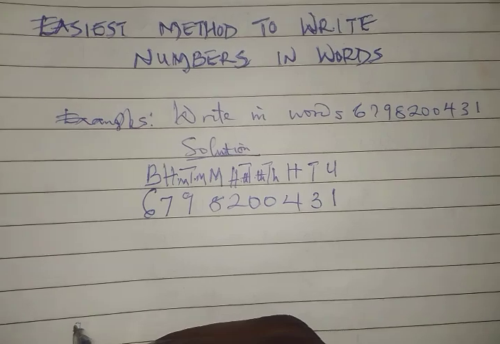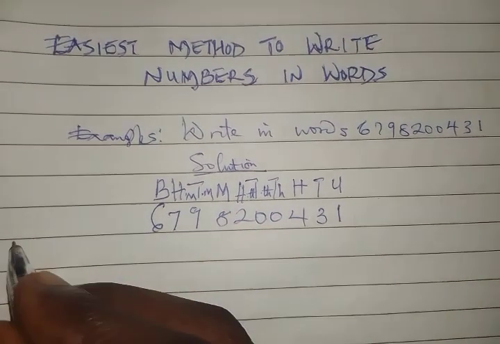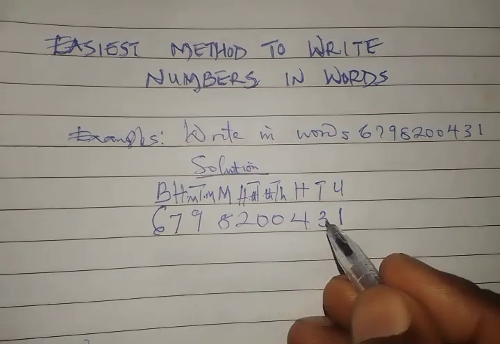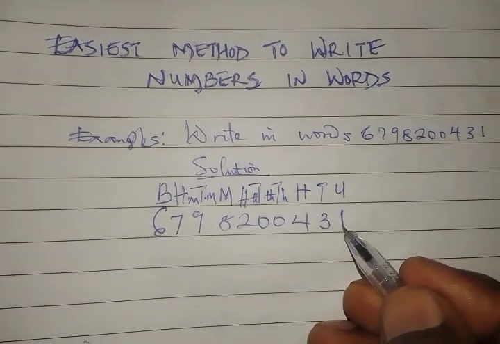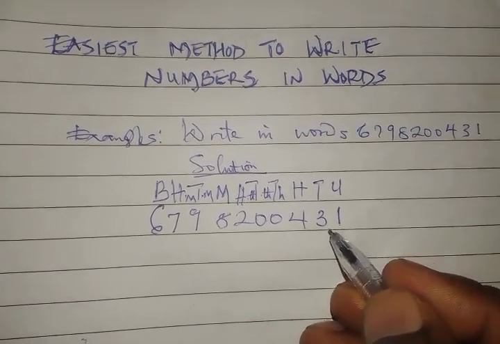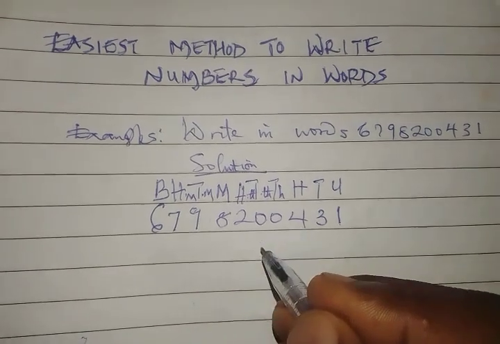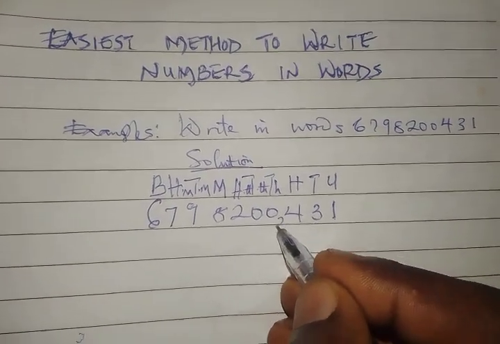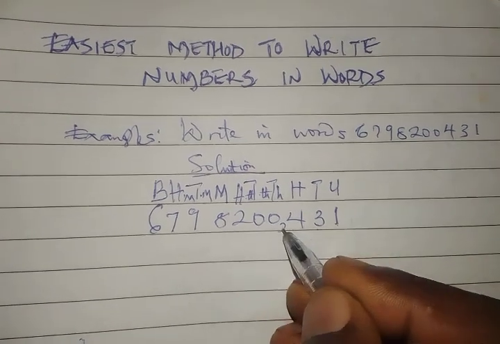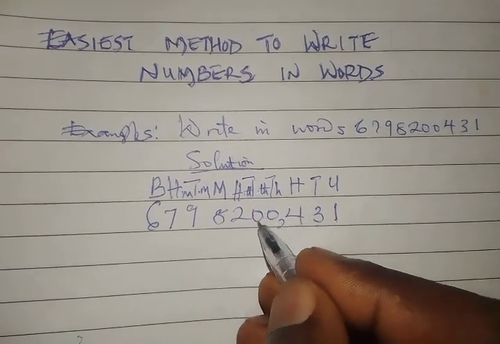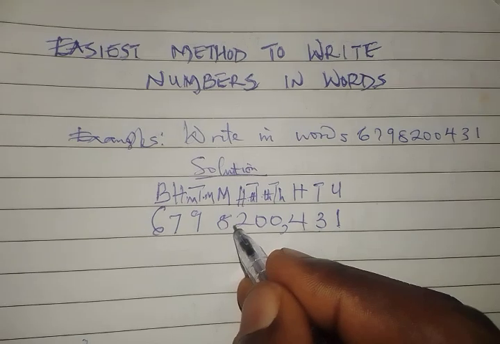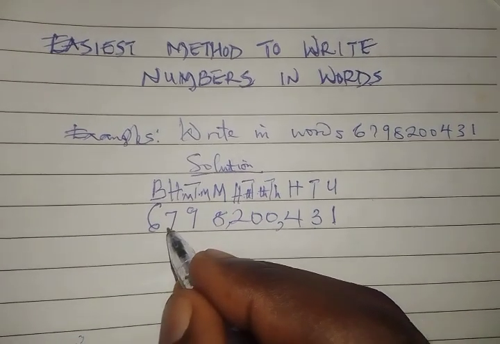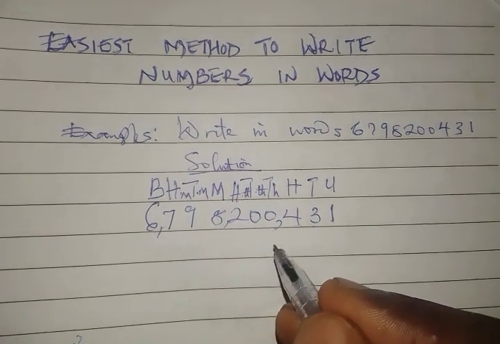Now, after you've written the place value above the numbers, the second thing to do is to count 3 numbers backward and put your comma. So we have 1, 2, 3, comma, 1, 2, 3, comma, then 1, 2, 3, and another comma.